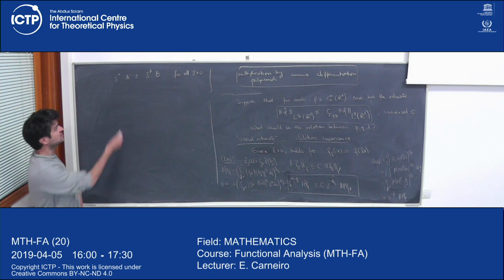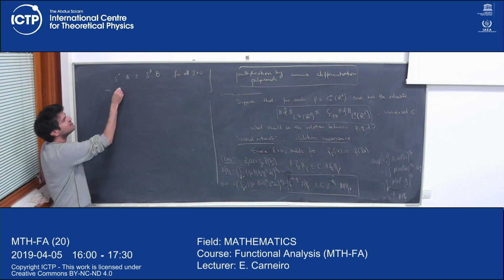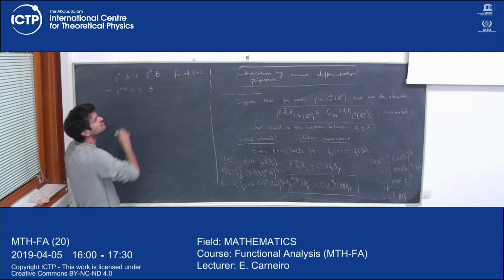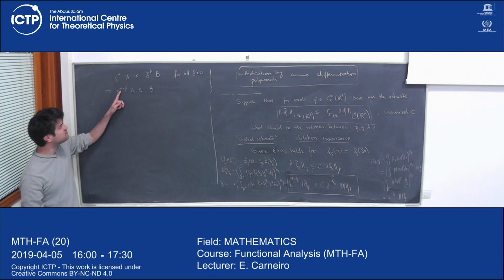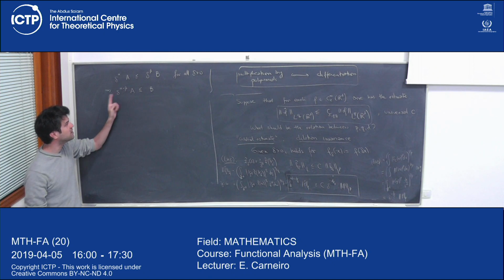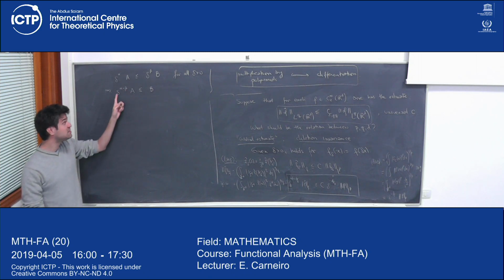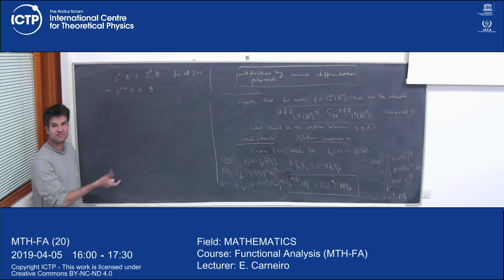what do you do? This is essentially saying that lambda to alpha minus beta times A is less than or equal to B. Now, if this exponent, alpha minus beta, is positive, you will just send lambda to infinity, and it would break this. This would be untrue. If alpha minus beta is negative, if it's minus 100, you would send lambda to 0, because then it would invert, and it would break this inequality in the same way.